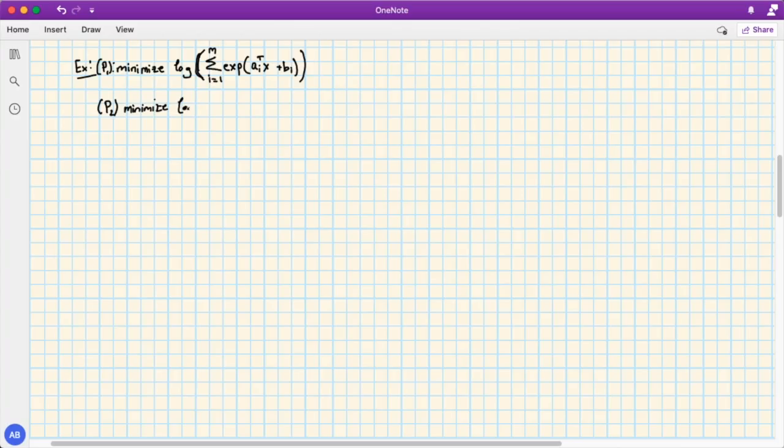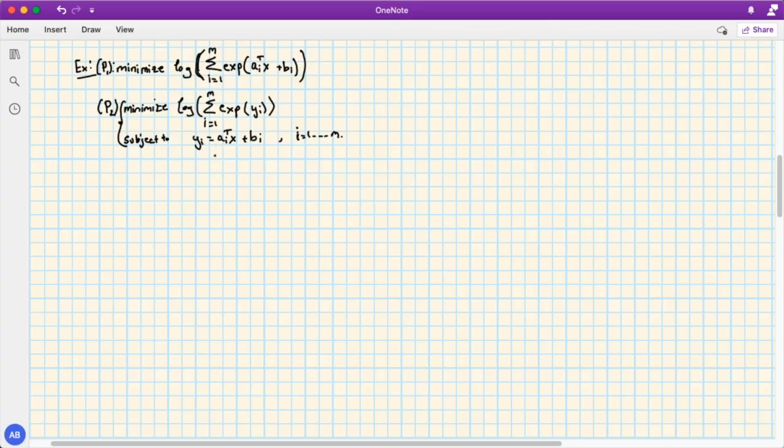So for that, P2 is actually to minimize the log sum of exponentials of the form yi, where I goes from 1 till m, subject to yi's equal to AI transpose X plus BI, where I goes from 1 till m. Those are my constraints.